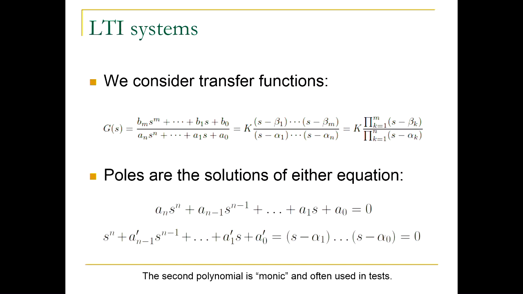So how can we look at that? Well, we need to look at the equation that looks like this. If an is non-zero, we can divide everything by an, and then we end up with a monic polynomial. But then each of these coefficients here are basically ratios of these original coefficients and an, right?